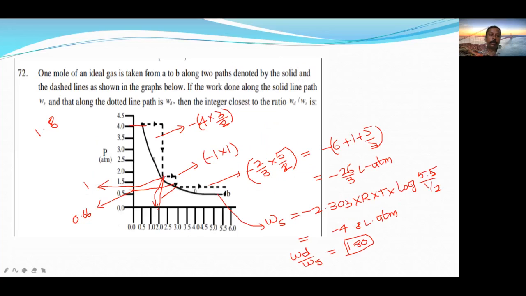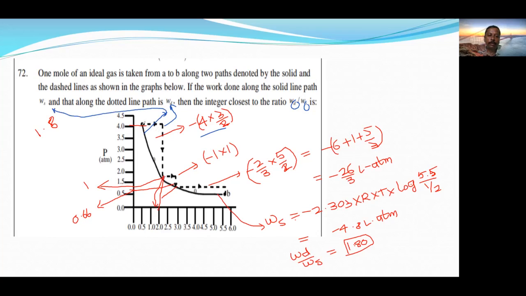Okay, next question here. Actually, there is a diagrammatic mistake. The diagram is not properly drawn, but I am considering it is properly drawn. The concept I will tell you. There is a dotted line and a solid line. This is the solid line, this is the dotted line. So the dotted line work is WD, the solid line work is WS.